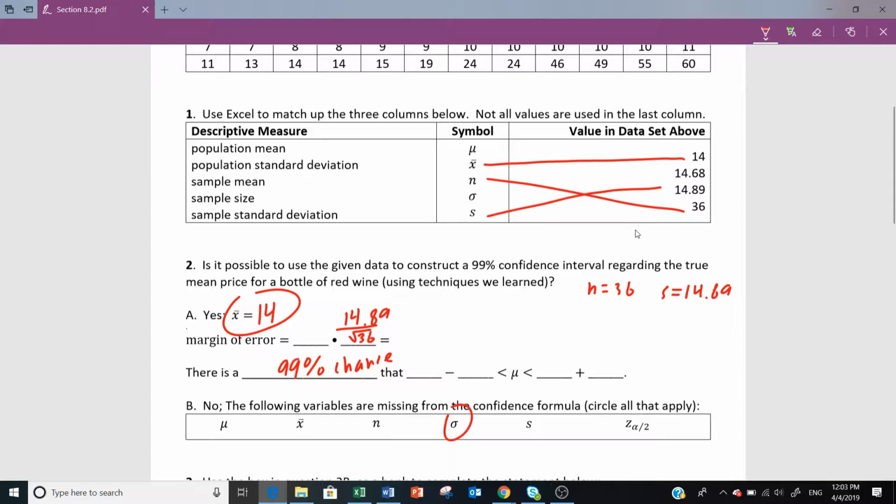We also want to draw the normal curve with 99% in the middle. And so then how much do you have on each side?